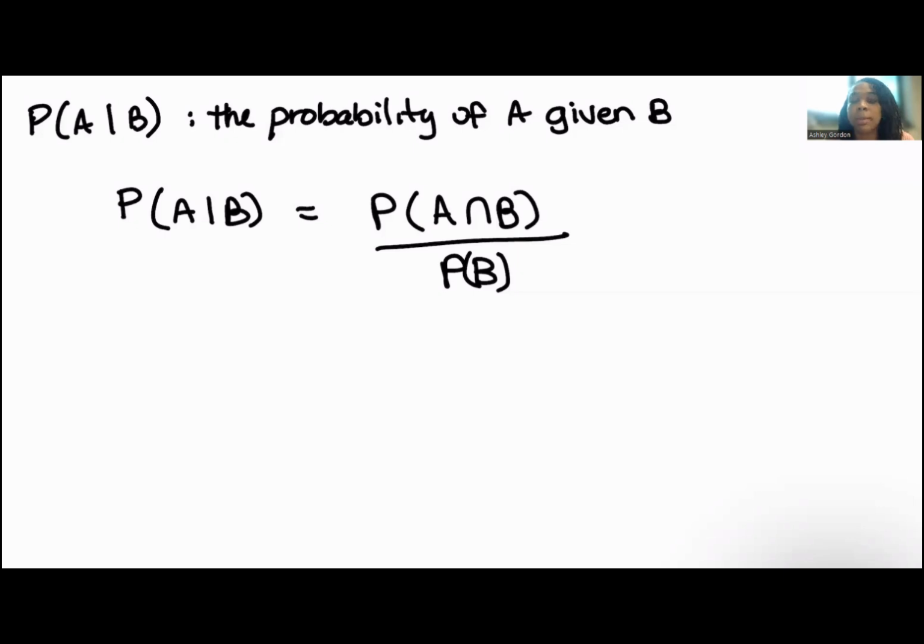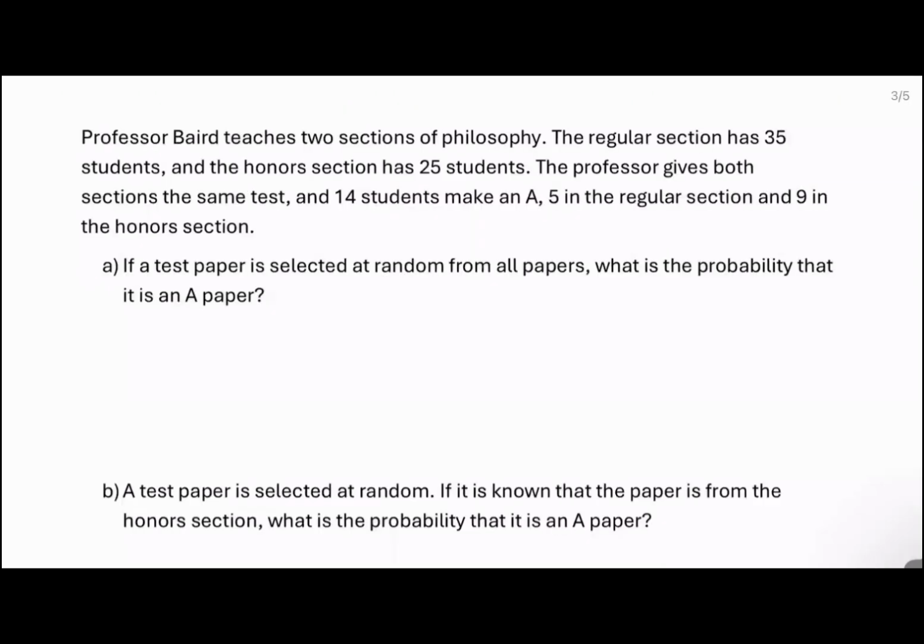Or what's the probability that a suspect is guilty given that their fingerprints were found at the crime scene? What's the probability that someone studies music if they also play a sport? Those kinds of things. So what's the probability of one thing happening given that something else has happened? Okay, let's look at some examples here.